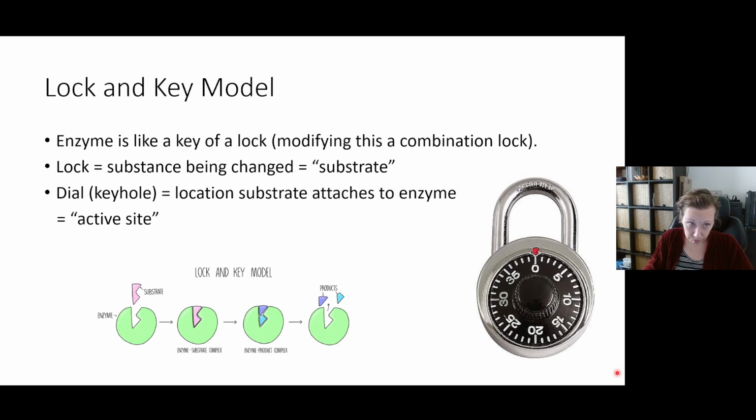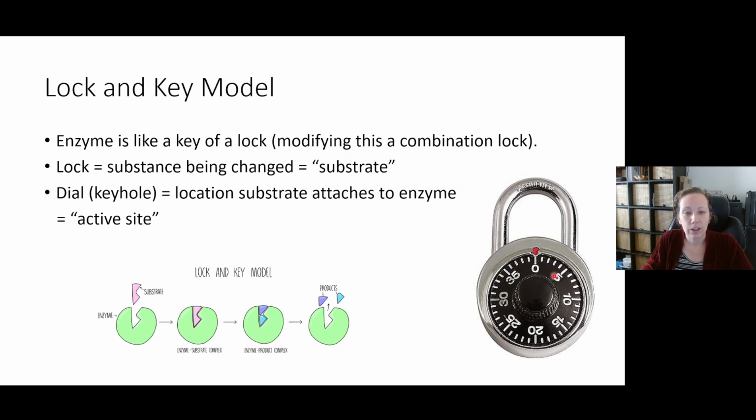We need that lock to be opened, and that's how we're going to change it. The substance that's being changed can also be called the substrate. That's an important term because I'll be using it a lot. So the substance that's being changed, our reactant, is called the substrate.